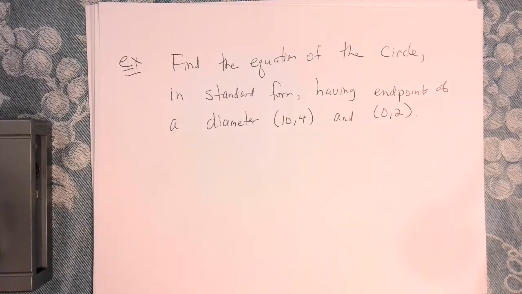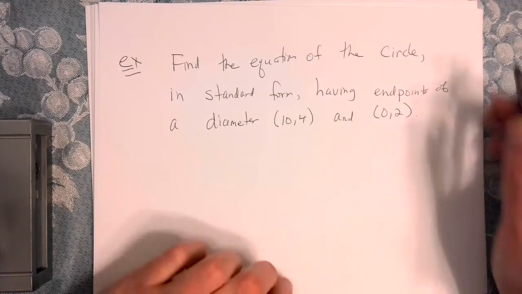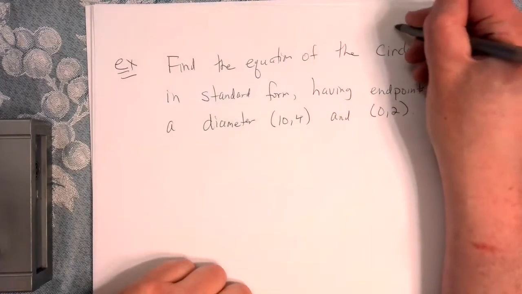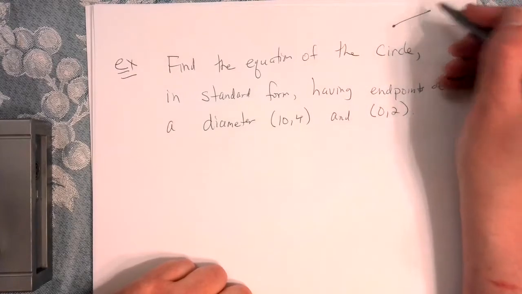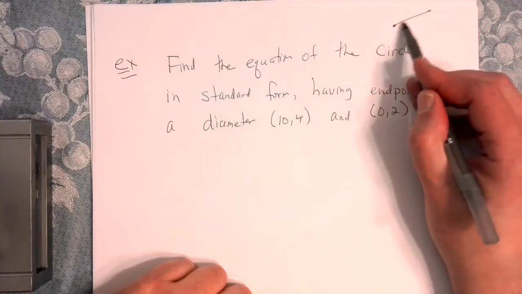Think about the ingredients you need for a circle. You need its center and you need its radius. If I have some diameter, then I can easily find the center because the center is exactly the midpoint of the diameter.